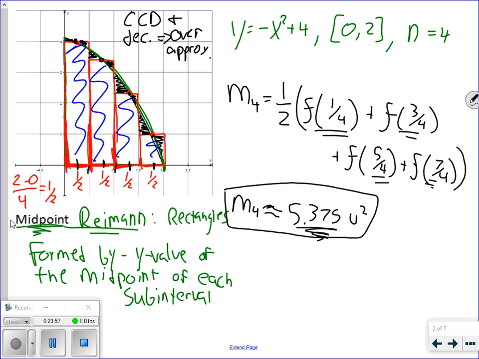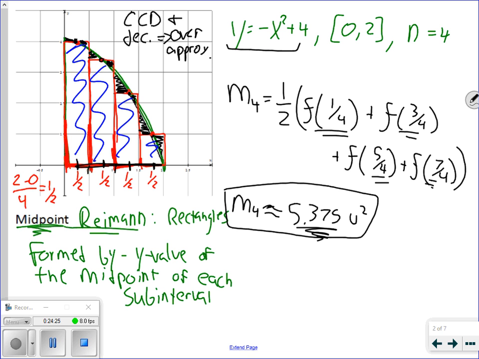Okay. So that's all we learned today, is approximating area underneath the curve, bounded by the x-axis, using a certain amount of rectangles. Now, a question I want to leave you with is, how could I have a better approximation of the area underneath the curve? Not talking about the difference between midpoint and left and right, but what is something we could change in this problem?